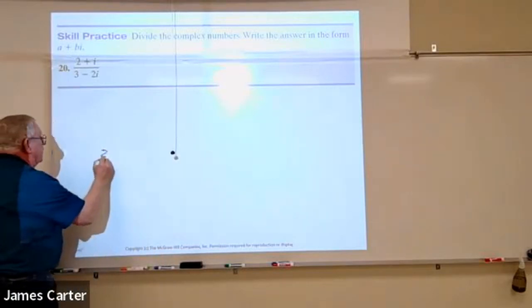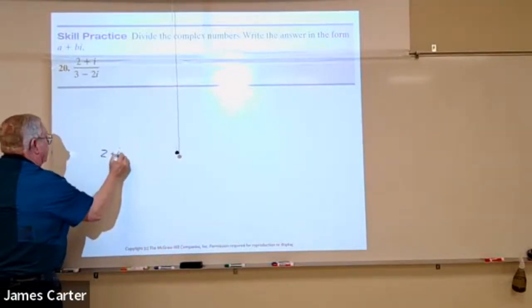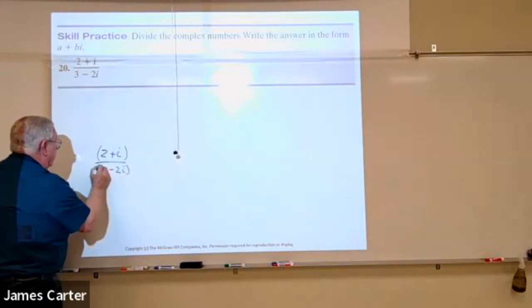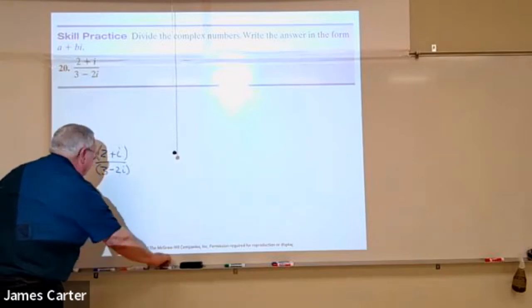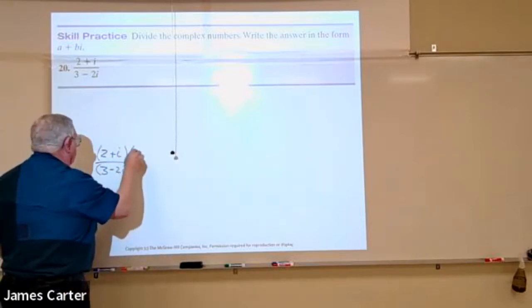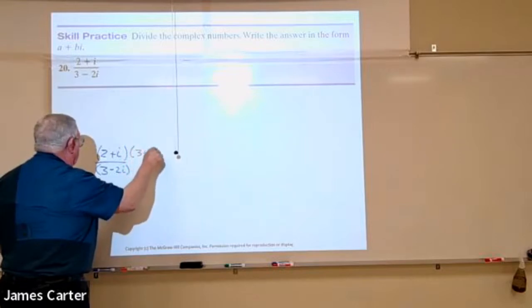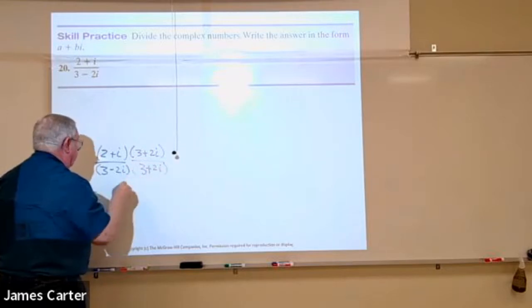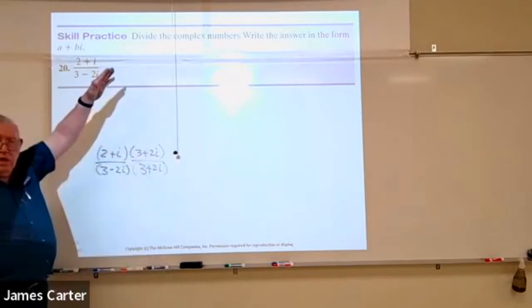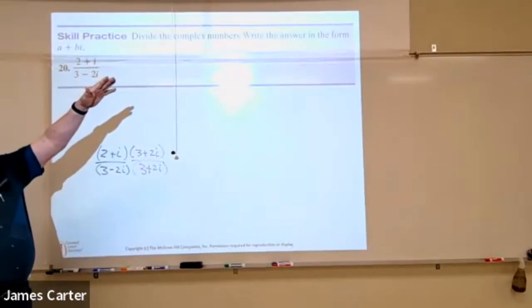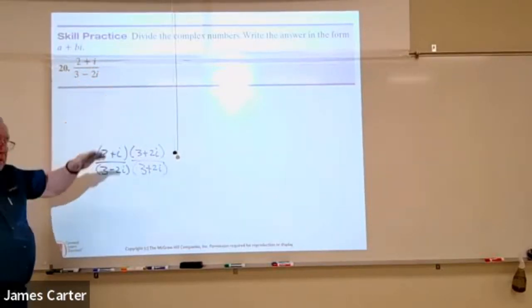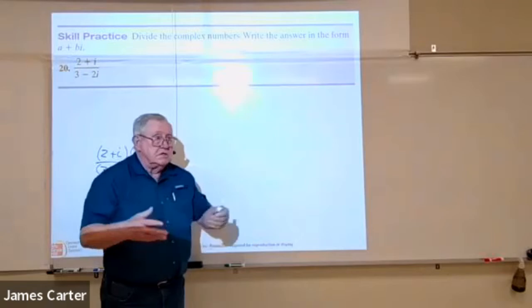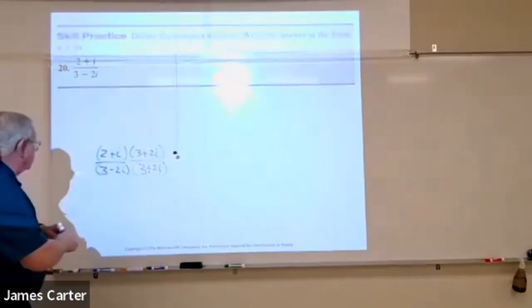Let me drop this down to 2 plus i over 3 minus 2i there, and put 3 plus 2i over 3 plus 2i here. Sometimes I work the top and the bottom at the same time. When I say work it, I'm fundamentally meaning simplify, multiply it out, that kind of stuff.